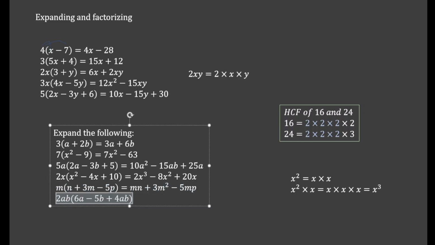All right, and for the last one, Zane, you want to tackle this one? Yes, sir, no problem. So I get 12 A squared B, take away 10 AB squared, plus 8 A squared B squared.